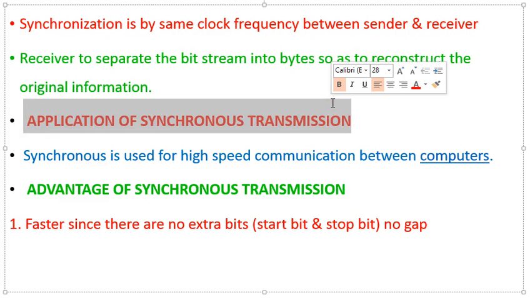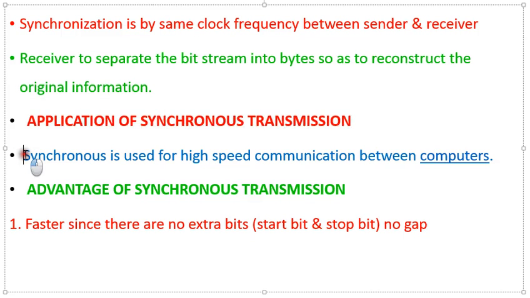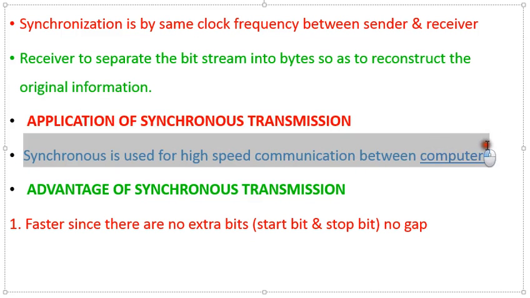Now we are at the areas of application of this synchronous transmission mode. We use it whenever we need very high speed communication between computers. Yes, because there is no waste of space for including the start and stop bits, and also there is no gap between one character and the next, therefore the speed is very high.